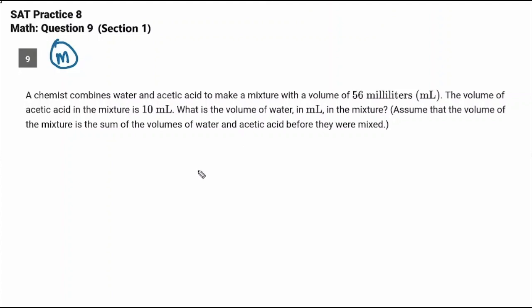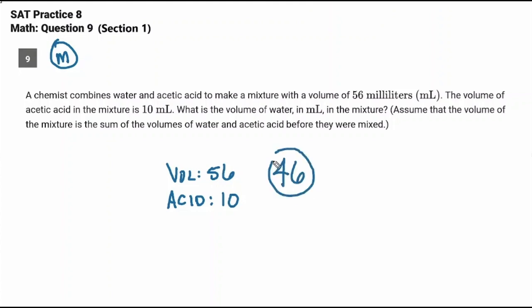All right, so we've got volume 56, and how much acid? 10. So, how much water? 46. That's first grade math. Couldn't be easier. Get it right and move on.